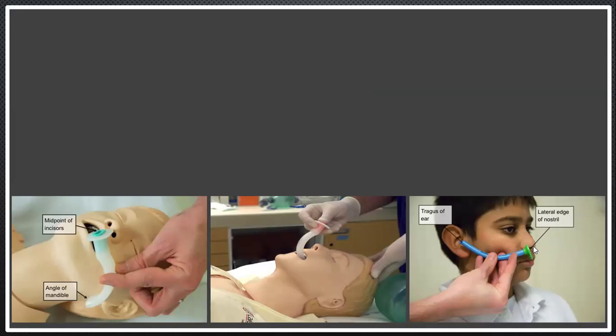Regarding the nasopharyngeal, size from the lateral edge of the nostril to the tragus of the ear, and then you will insert it perpendicular, targeting the tragus of the ear. So it will be perpendicular to the face. And you will insert it with the bevel lateral so you will not hurt the nasal septum. It also needs lubricant.